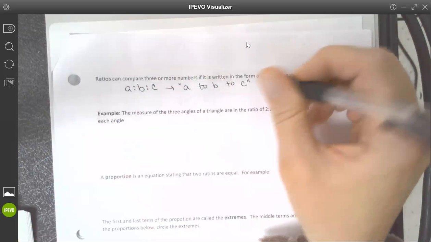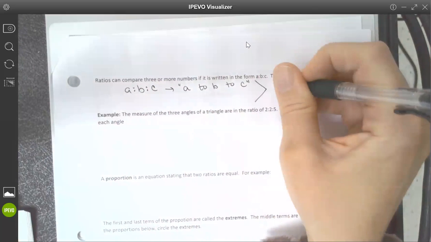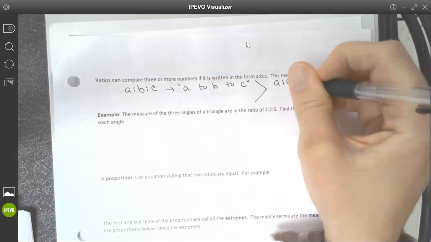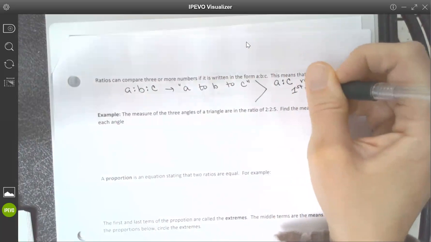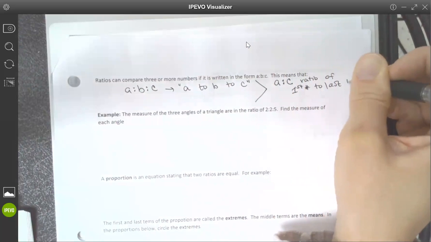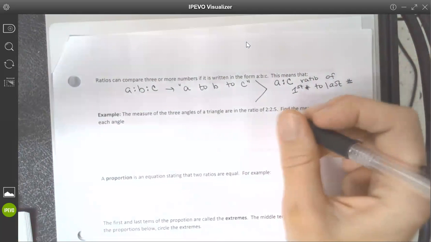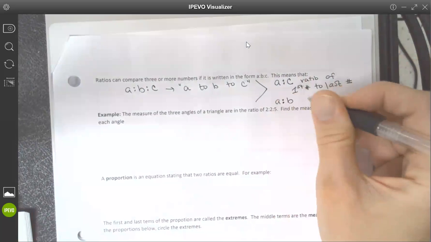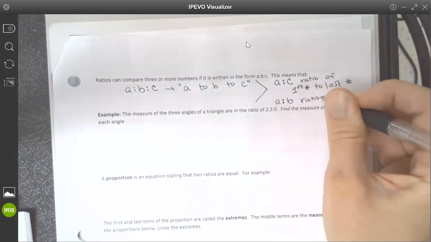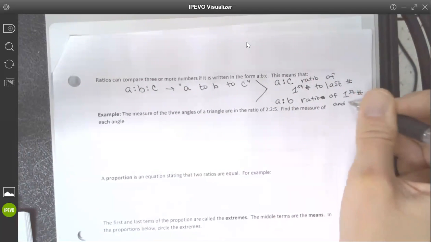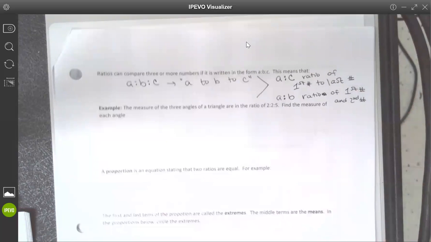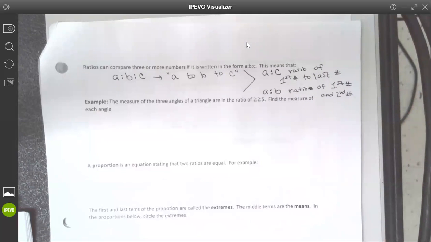So I could also say, if I have this, then A to C is the ratio of the first number to the last number. Or I could look at just A to B, which is the ratio of the first number and the second number. So if I'm given a ratio of several things, I can then break that apart and look at a ratio of just two of those pieces, if I wanted to.